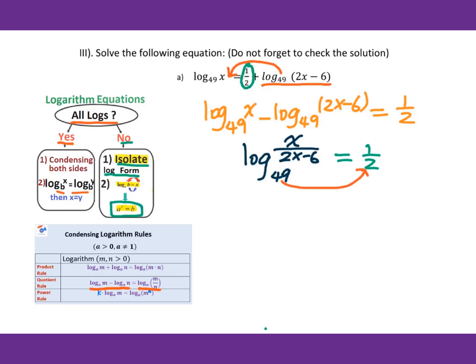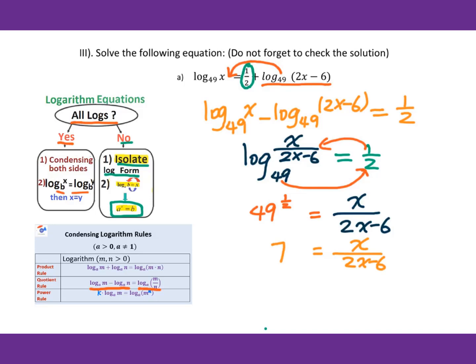So we do this circle. 49 to the 1/2 power equals x over 2x minus 6. You will get 7 equals x over 2x minus 6.